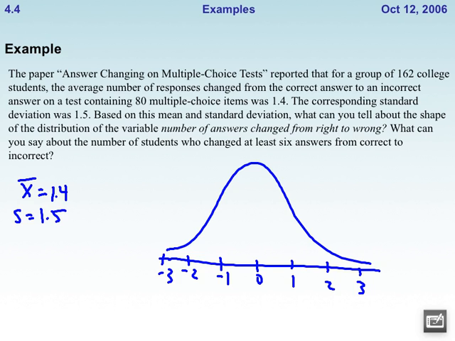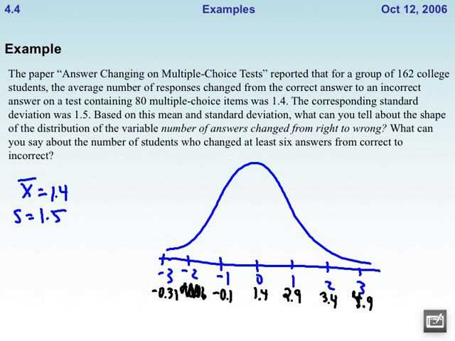Okay, so our mean is 1.4. Our standard deviation is 1.5. So this becomes 2.9, 4.4, 5.9. On the left side, it's negative 0.1, negative 1.6, negative 3.1.